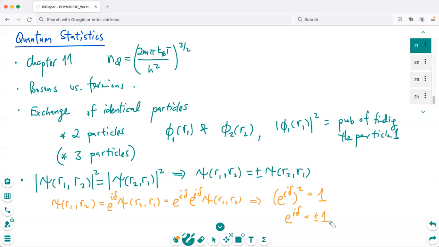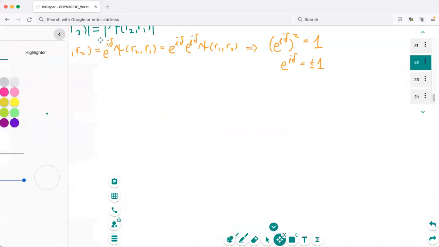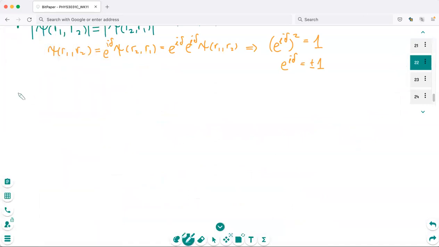Okay, so what is the relevance here? Let's begin by treating fermions. So copy. Okay, I want to keep this line here. So for fermion, I want to exchange with a minus sign.